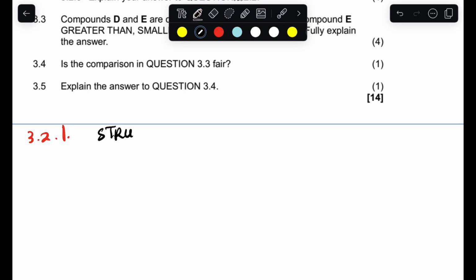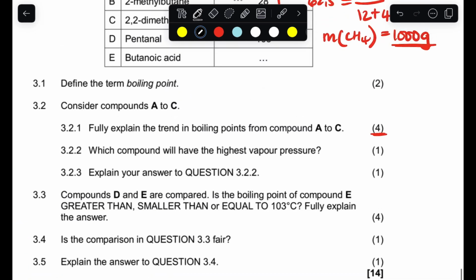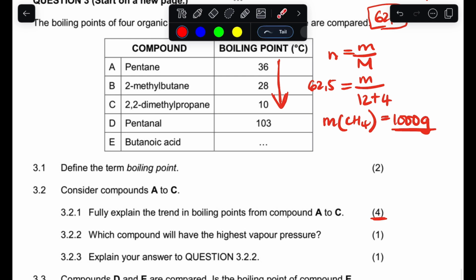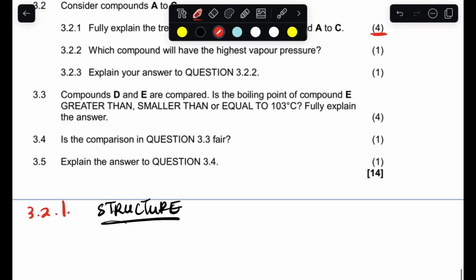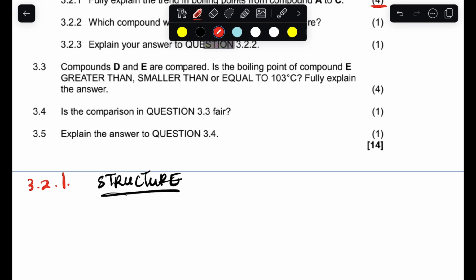You talk about the structure. What do I mean about the structure? You are talking about what is happening in their structures there. So in the structures there, as you can see, there's an increase in branching.